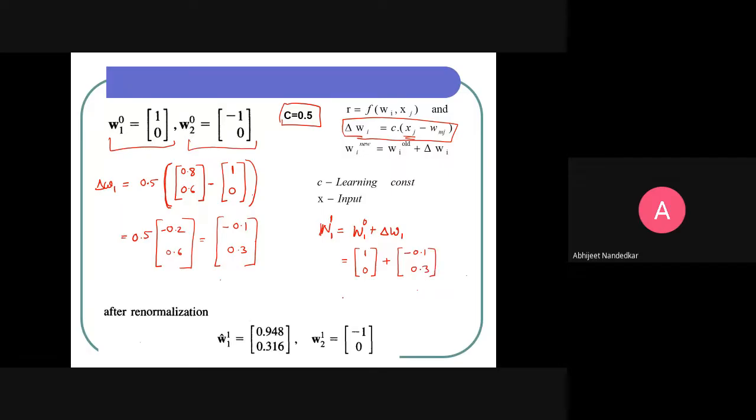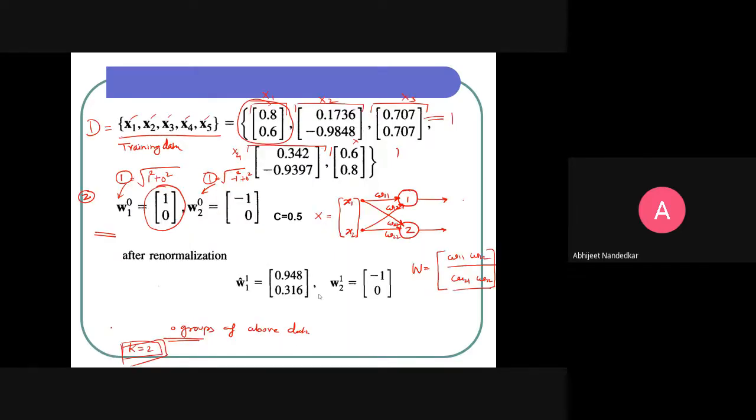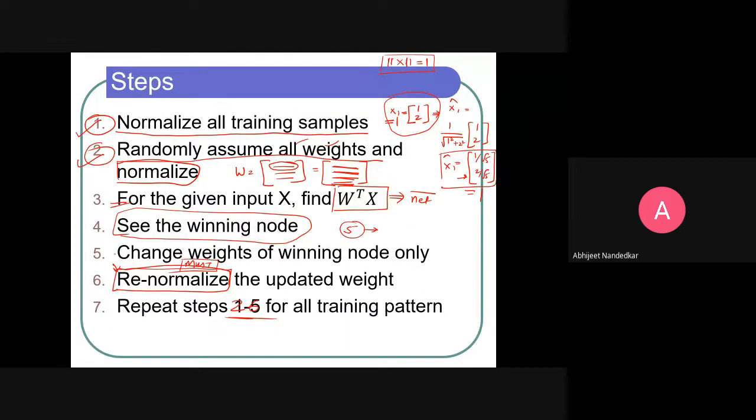Now when you add this, it will be 0.9 and 0.3. So this is my modified weight after presenting the network the first training sample. Now what is the next step? We have done this change in weights.